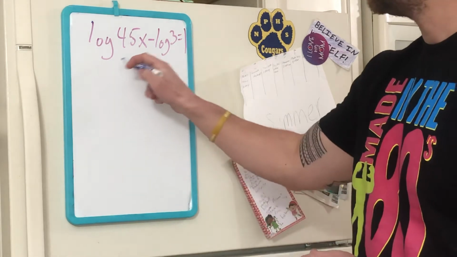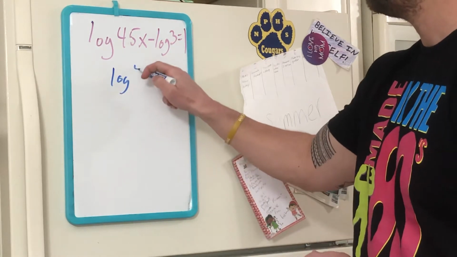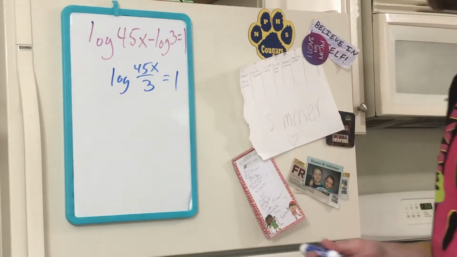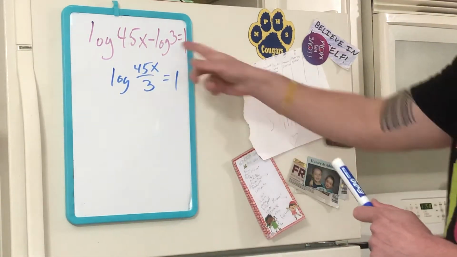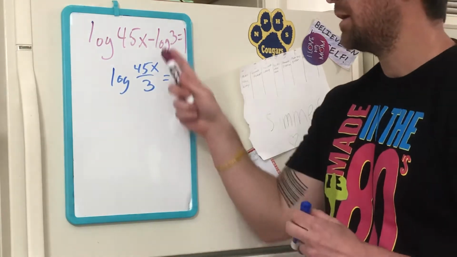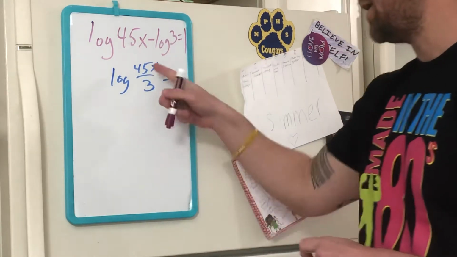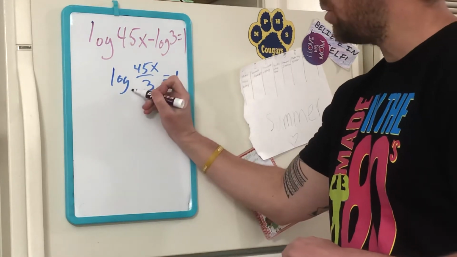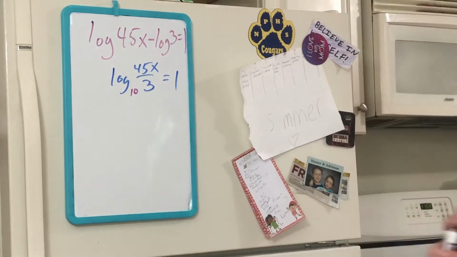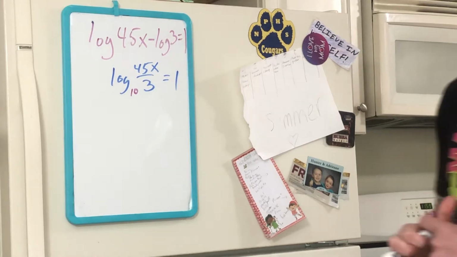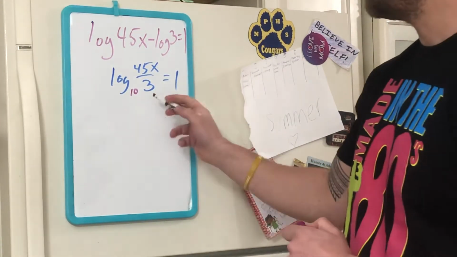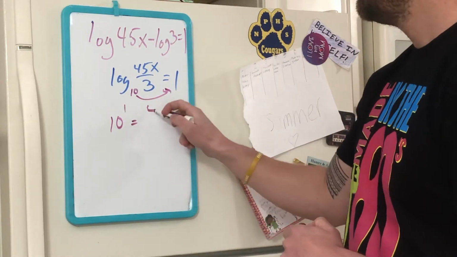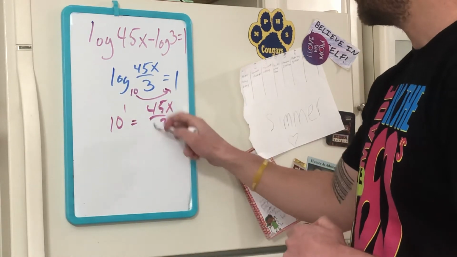So I can rewrite this like this: log of 45x over 3 equals 1, because subtraction and division are the same thing. So 45 divided by 3 here. Also, we learned last week that if there's no base, that means that's base 10. So now, using what we know about logs, 10 to the first power is 45x over 3.